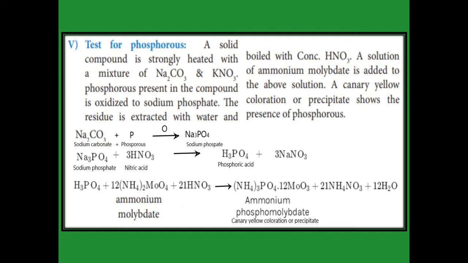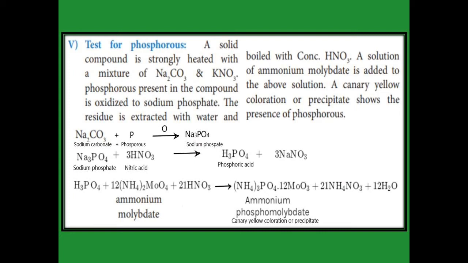That sodium phosphate reacts with concentrated nitric acid on boiling, and it gives phosphoric acid, H3PO4, along with sodium nitrate, NaNO3.